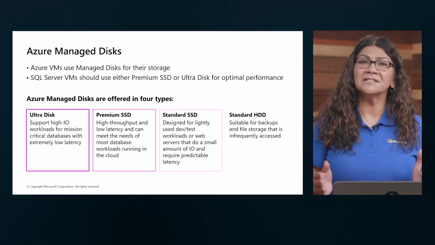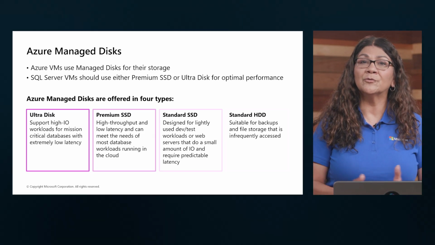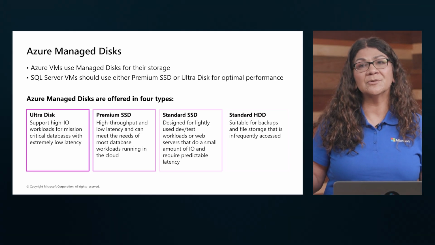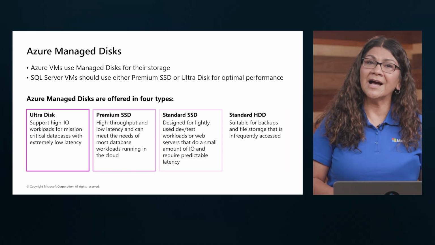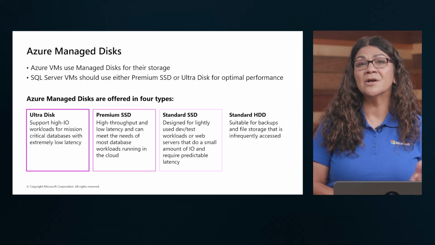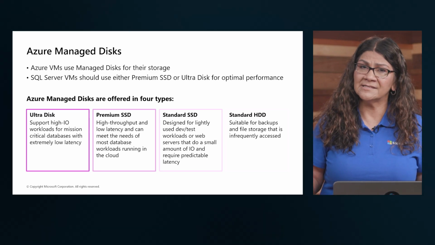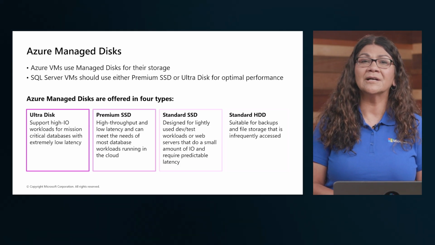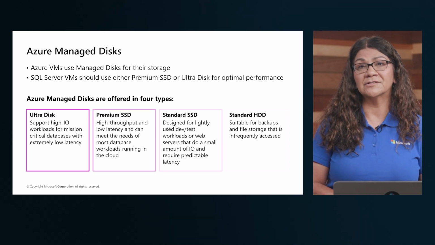Premium SSDs deliver high throughput and low latency, making them suitable for most transactional database applications that require consistent performance. Standard SSDs strike a balance between cost and performance, and they're best used for dev test environments or lightly used web servers needing predictable latency. Standard HDDs are the most cost-effective option recommended for infrequently accessed data like backups and archival storage.